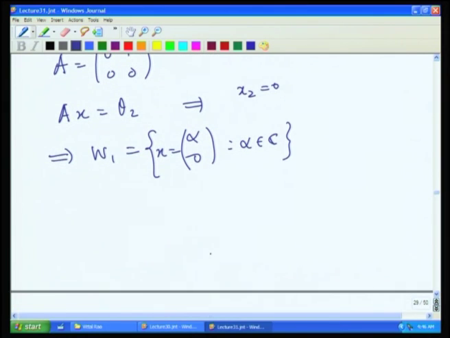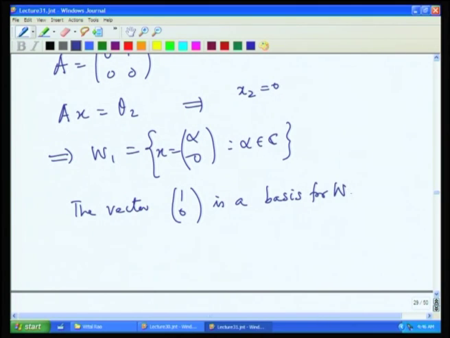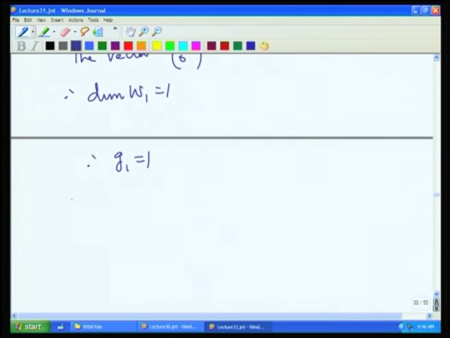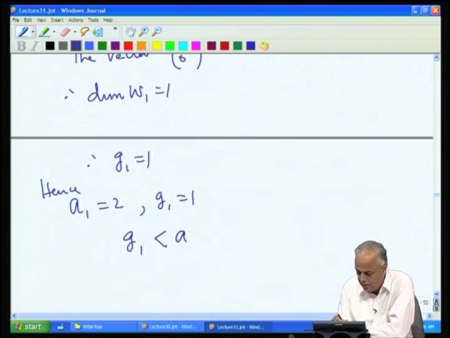The vector 1, 0 is a basis for W1, and therefore the dimension of W1 is 1, and G1 is equal to 1. So, in this case, we have A1 equal to 2, G1 equal to 1, and G1 strictly less than A1.